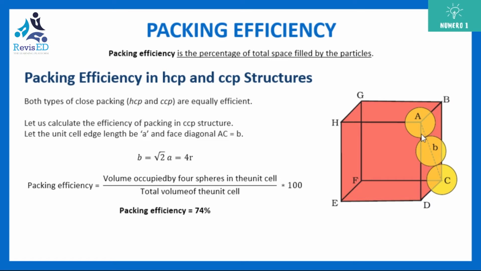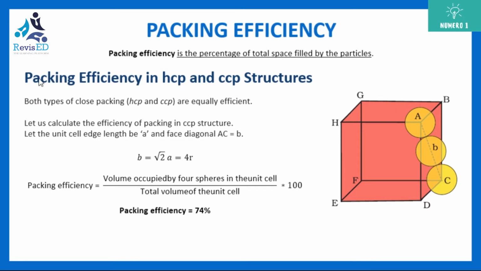We know that if we arrange them, there is some empty space remaining inside. That empty space was called a void. So what we are trying to do here is calculate the packing efficiency, which is basically the volume occupied by this sphere marked in yellow divided by the total volume of this cube.